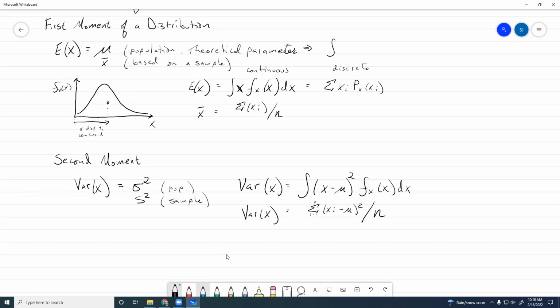And notice that I put in mu here. So this is when we have a population metric. We don't have time to really get into what is a population, what is a sample, but I'm introducing it now. And further down the road, we'll talk about that more.